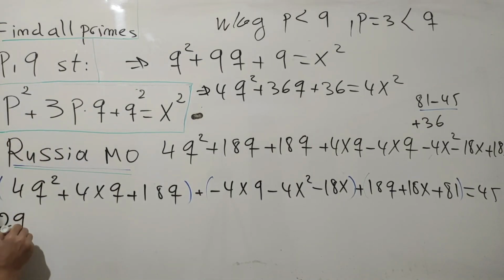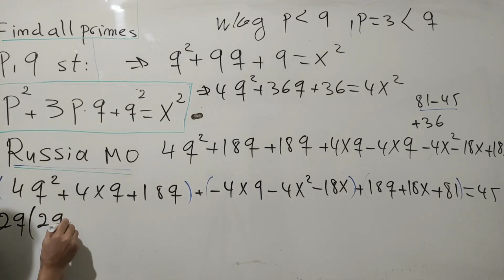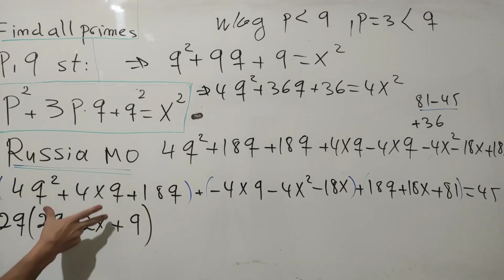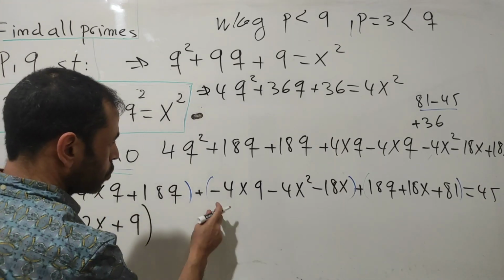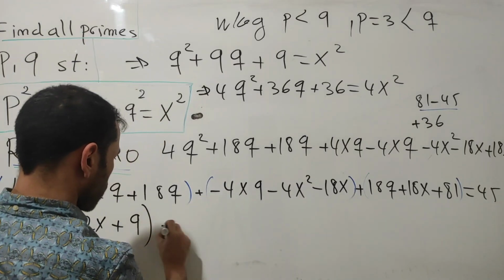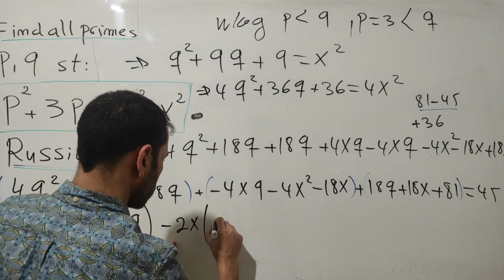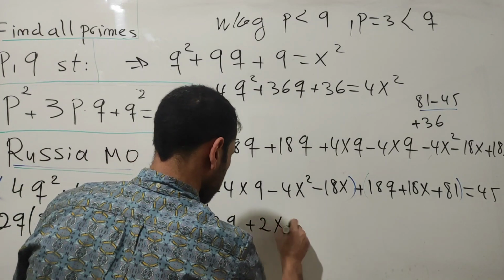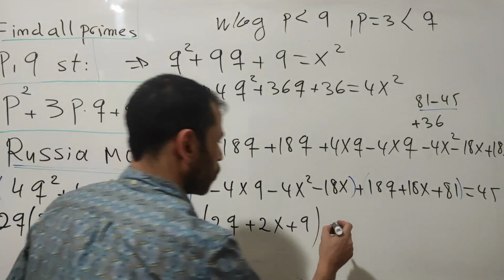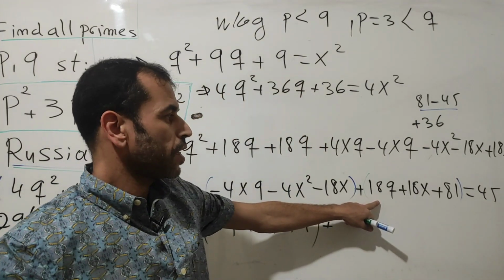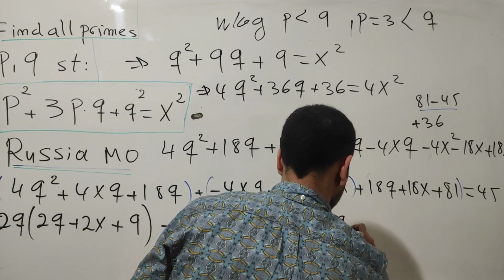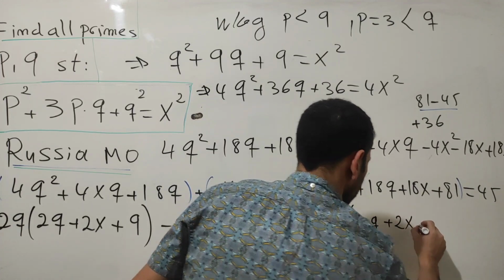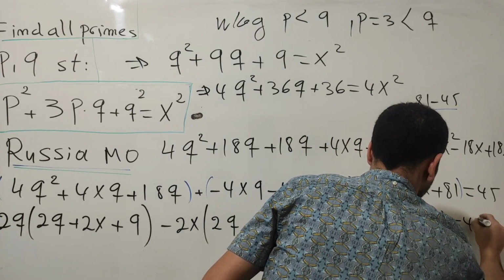I get 2q multiplied by 2q plus 2x plus 9. If you distribute this one, it's going to give us this one exactly. Here I'm going to take minus 2x as a common factor, and I will be left with 2q plus 2x plus 9. For this one I'm going to take 9 as a common factor, so I get 9 times 2q plus 2x plus 9, which equals 45.